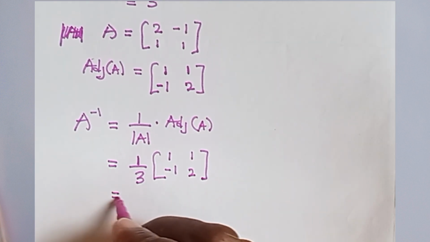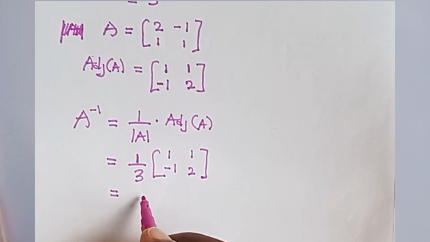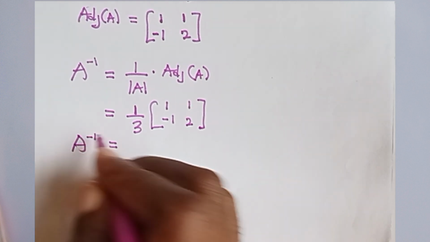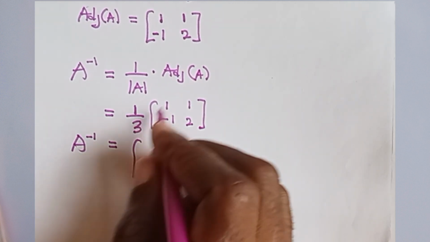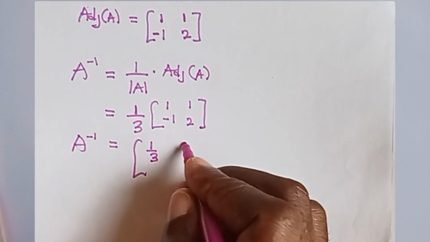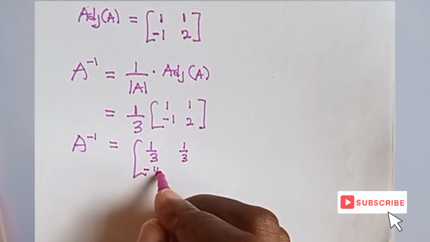So then what do you do? You multiply each of these by 1 over 3. So finally, the inverse of A becomes 1 over 3 times 1, we have 1 over 3. 1 over 3 times minus 1, minus 1 over 3.